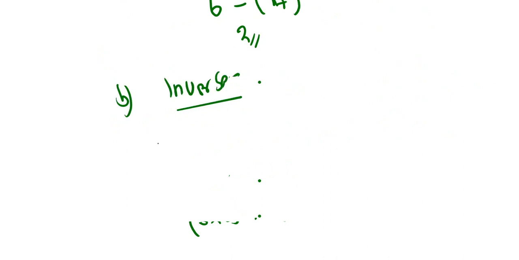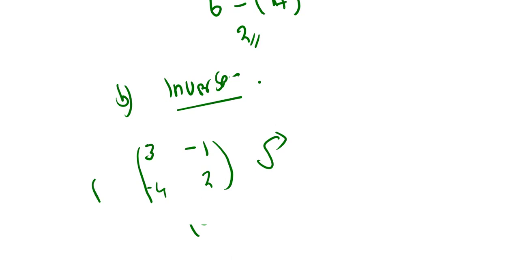That is 3, 2, -1, -4, like that. That is the matrix. Oh, it's not well written. Let me just write it perfectly. So we know that we have 3, -1, -4, and a 2 over here.